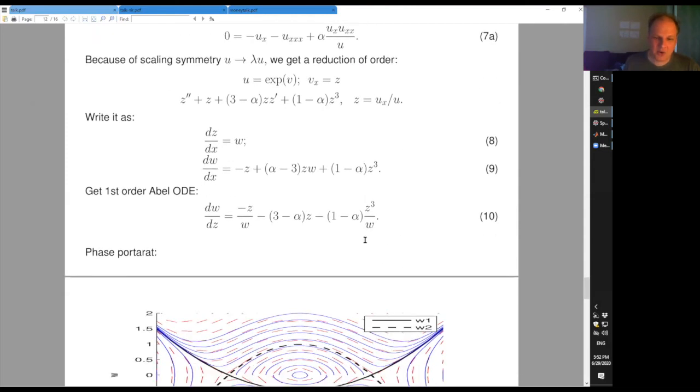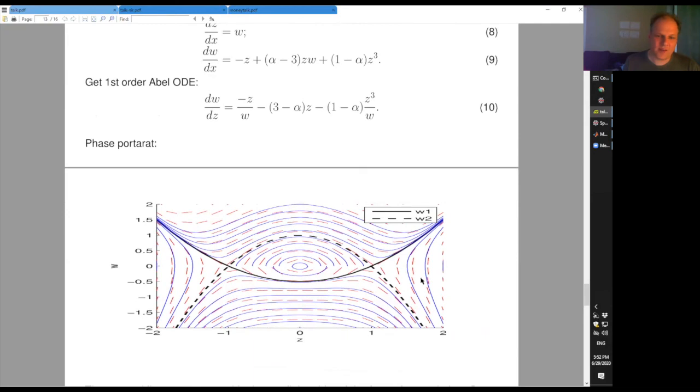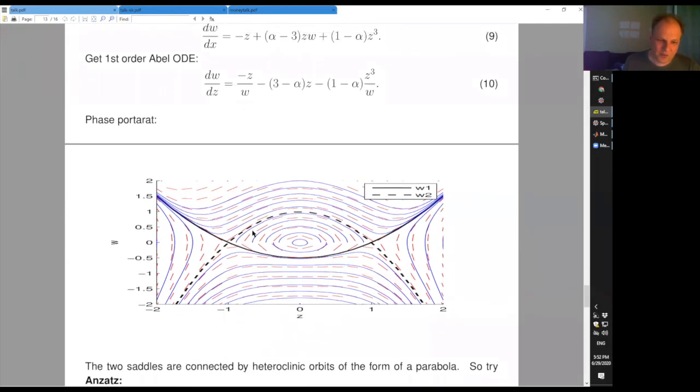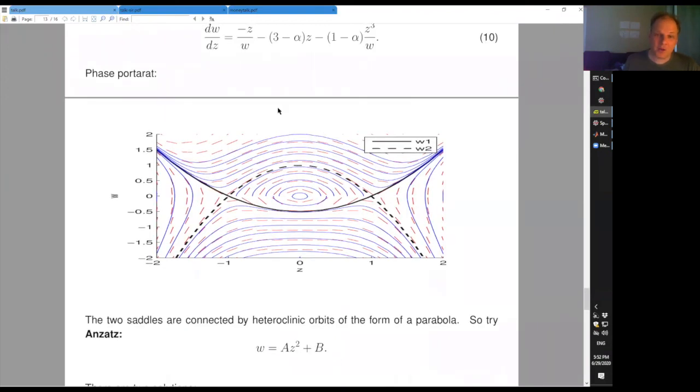But it turns out, motivated by doing some phase portraits and some experiments, when we plotted the phase portrait, we observed that one of the heteroclinic orbits looks like a parabola. Okay, so we tried to plug in a parabolic ansatz into this ODE, and it turns out that it actually works. There is a parabolic solution, a quadratic solution, a very simple solution to this ODE, okay?